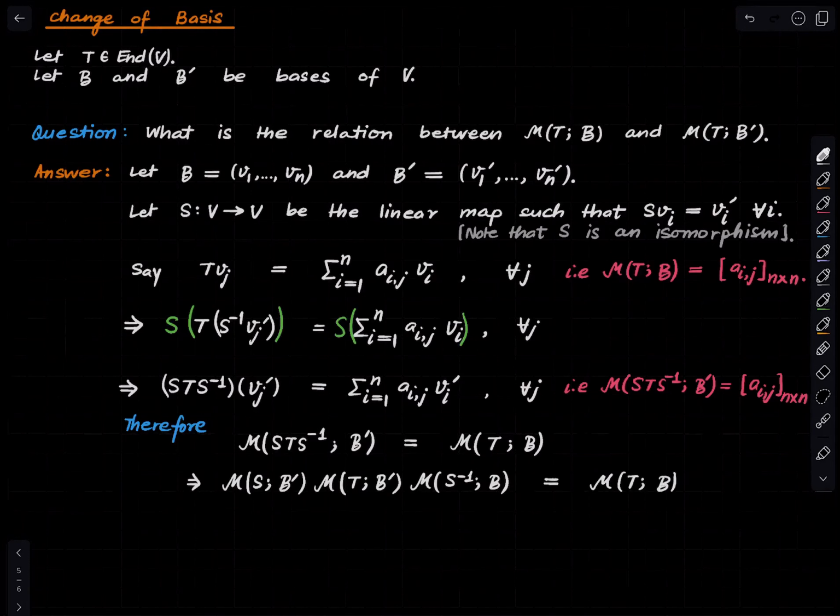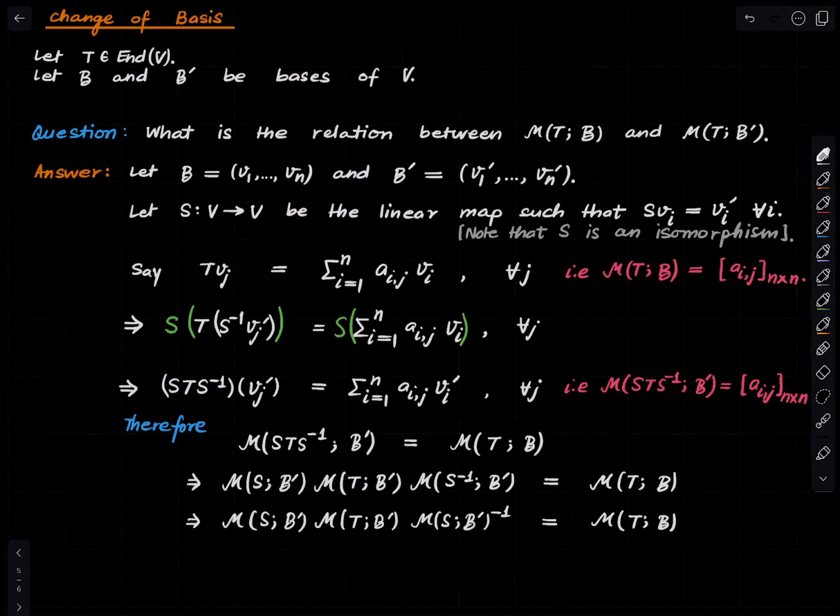Alright. But now we use the result about inverse of a matrix. The matrix of the inverse of S is inverse of the matrix of S. And again, I missed a prime here.